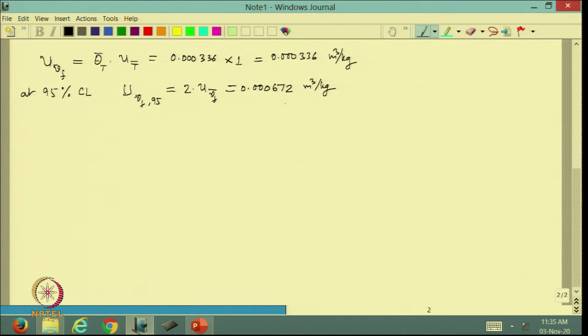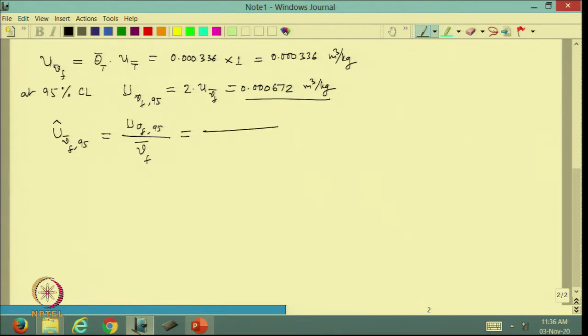So, that becomes the answer we were looking for, and if you want to see how big it is compared to what we are working with, we can do one more calculation, calculate the relative uncertainty u v f bar at 95% confidence level. This is u v f bar at 95 divided by v f bar.